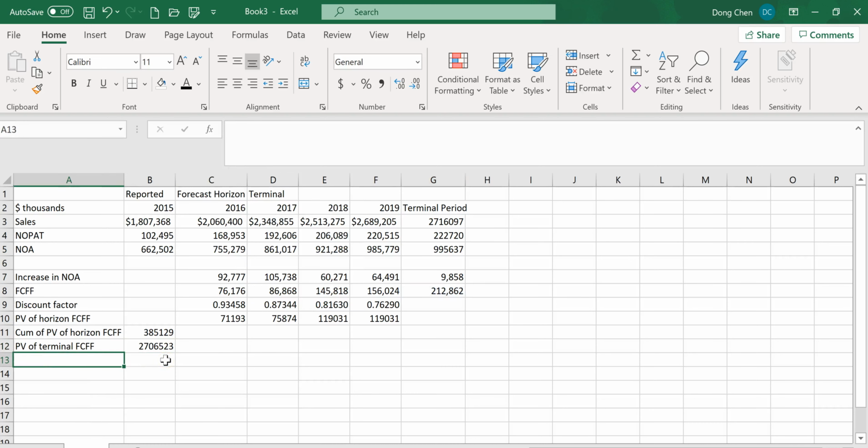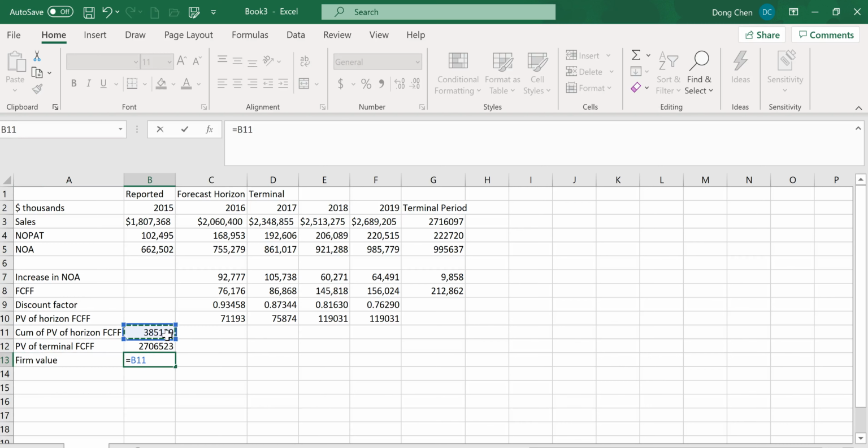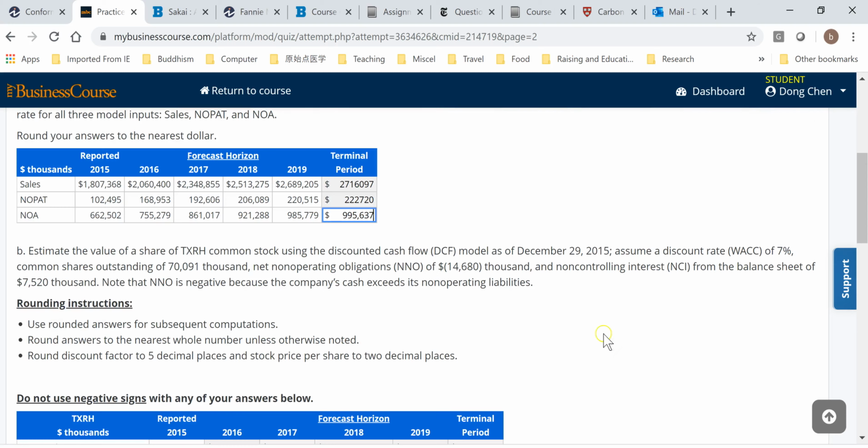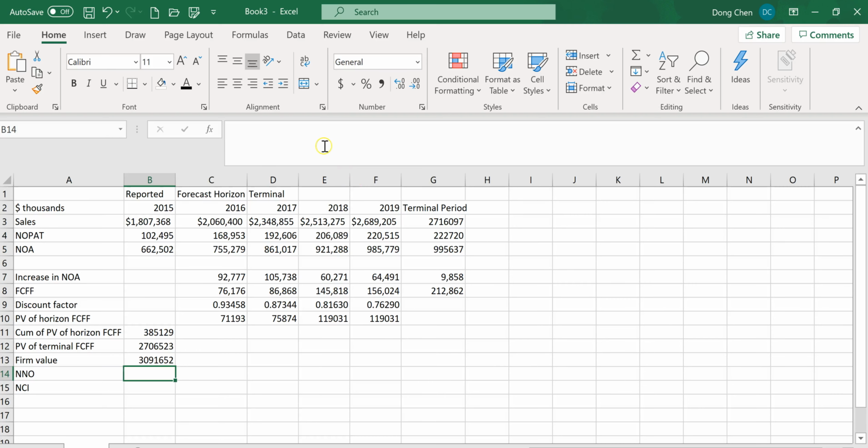So then the firm value. Firm value is going to be the sum of these two, right? Then we need to deduct NNO and NCI. NNO, as we mentioned, turns out to be a negative number, so we just put this as negative.